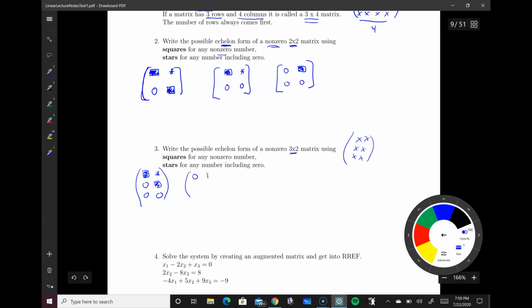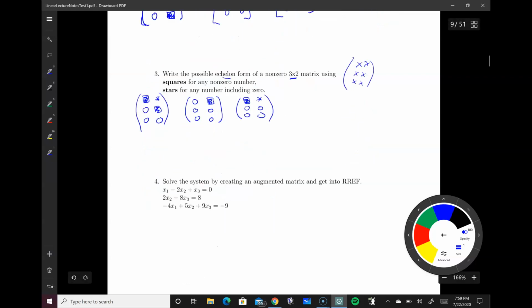Then I could have the pivot here, and I know that I have to have zeros below the pivot. Or I could have a pivot here, a non-zero, and then 2 rows of zeros. I think those are the only 3 ways to have echelon form with this size of a matrix.